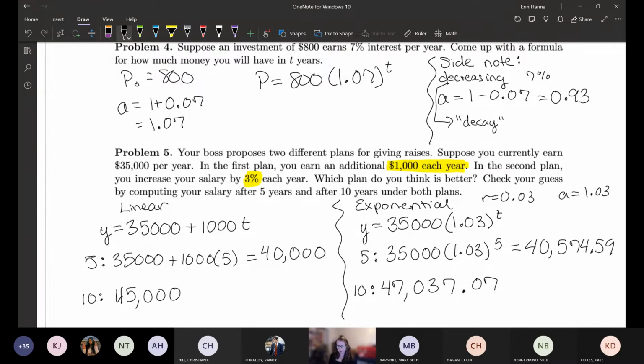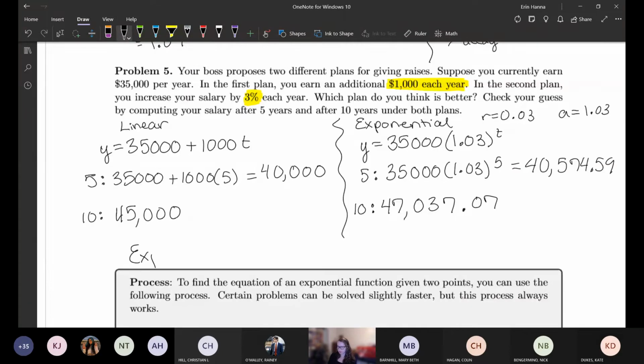So obviously, if you're trying to make more money, in this case, for this problem, the answer would be that the exponential function is better. The 3%.